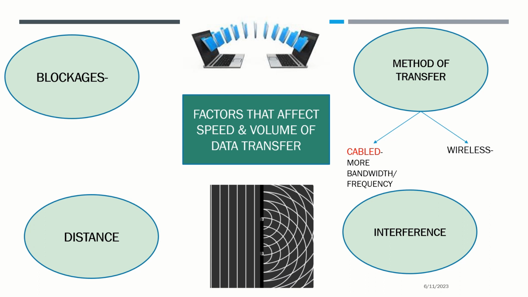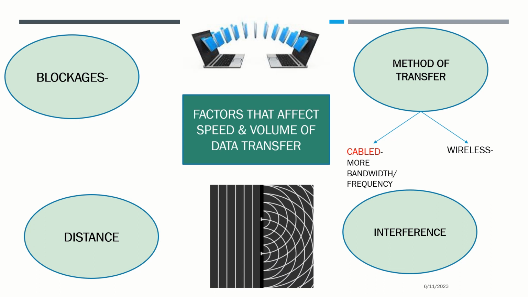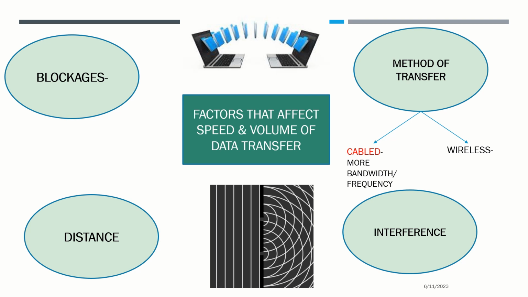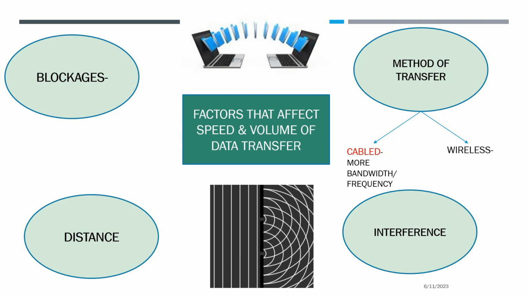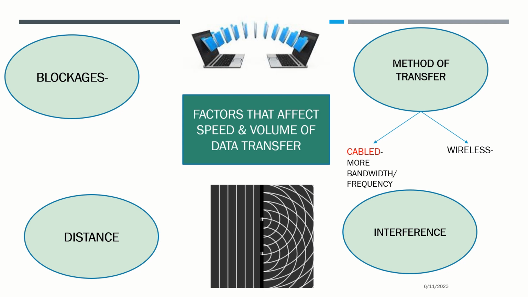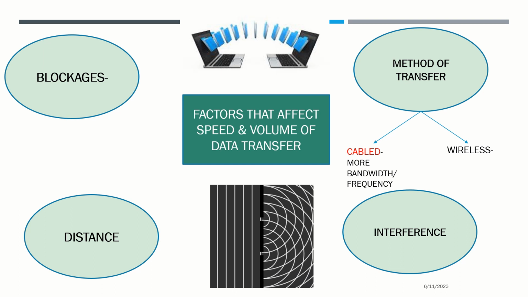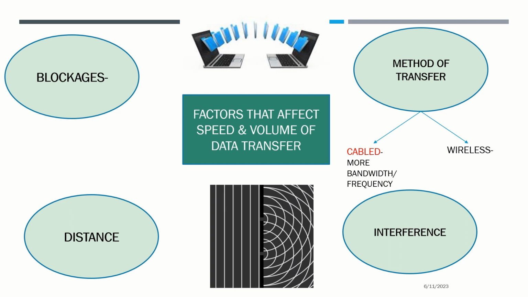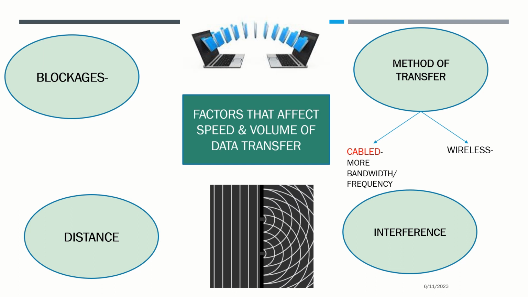If you have huge furniture or a big fish tank or a big cupboard, the Wi-Fi will be weaker and the data transfer will be slow. Then distance: as the distance is more, the strength of the data will be less.